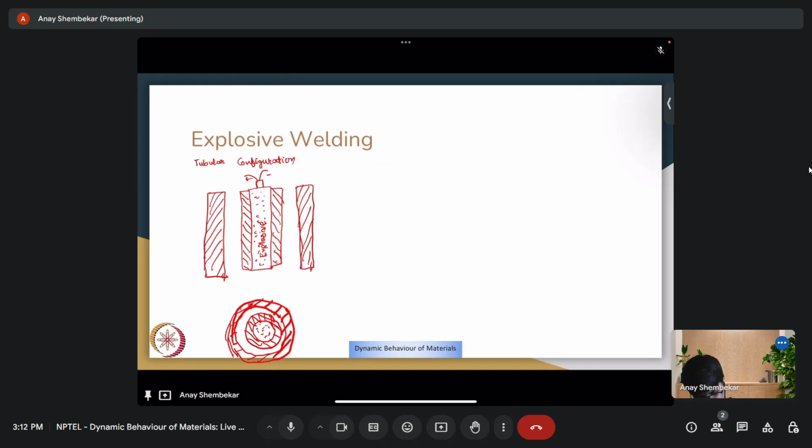Once you have detonation occurring here, the explosive will be detonated from the top, and you can imagine that the inner tube will be forced outward onto the outer plate, impacting it, and you will have a situation which looks like this.